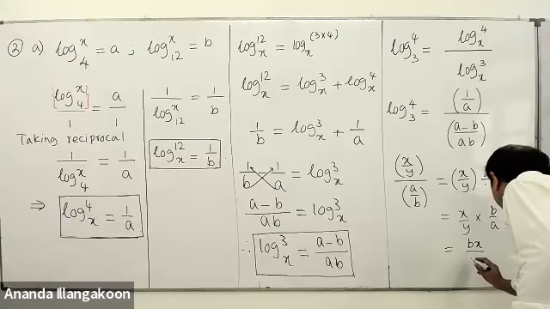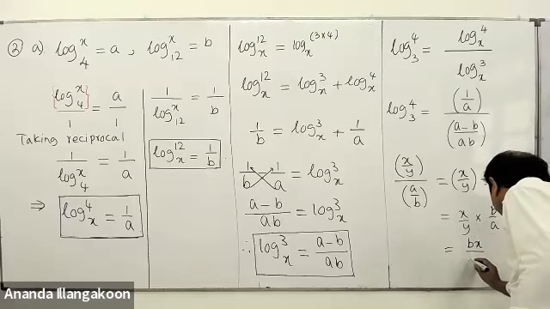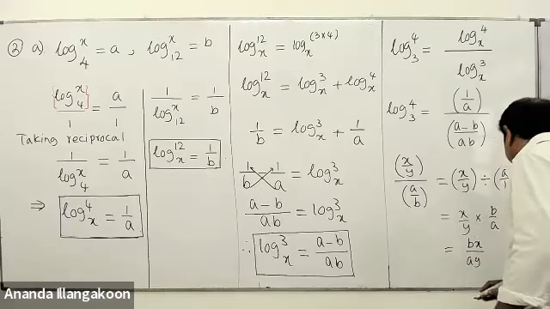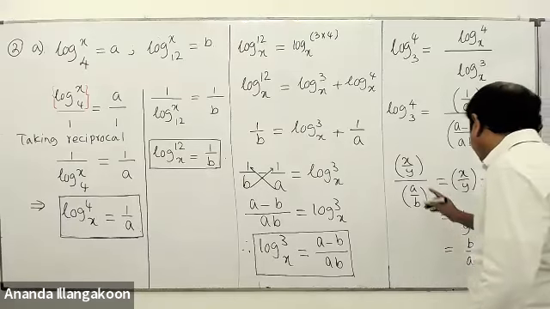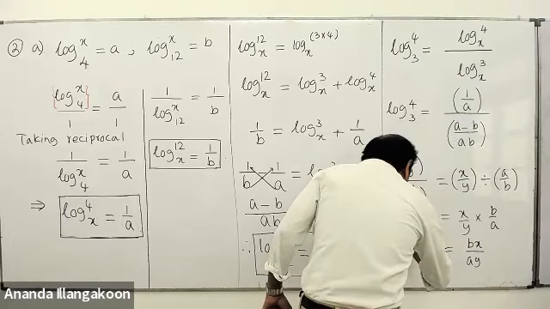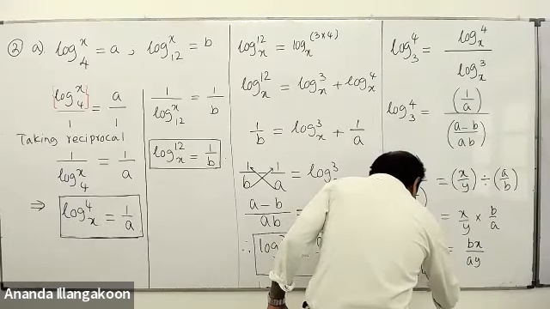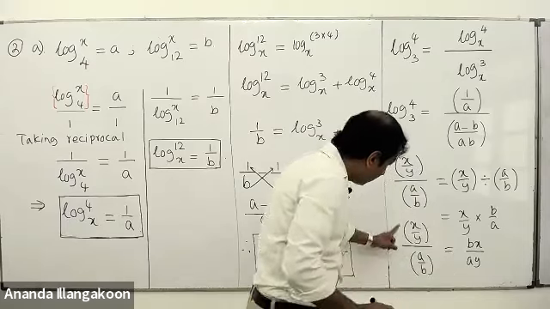Two fractions we multiply numerator separately, denominator separately. Like this. This is the answer. For the left hand side, x upon y divided by a by b, for this fraction the answer is this.